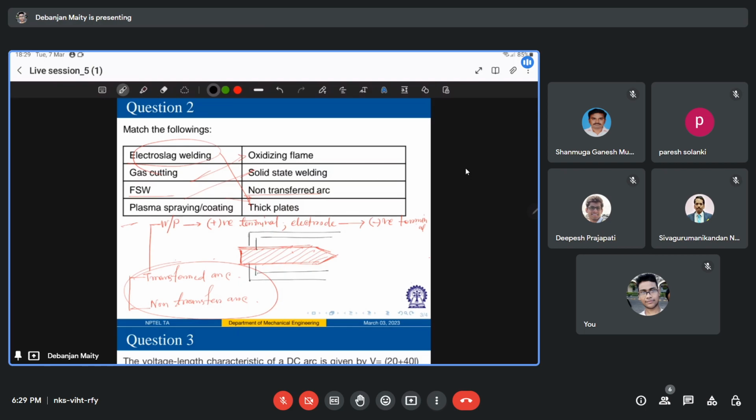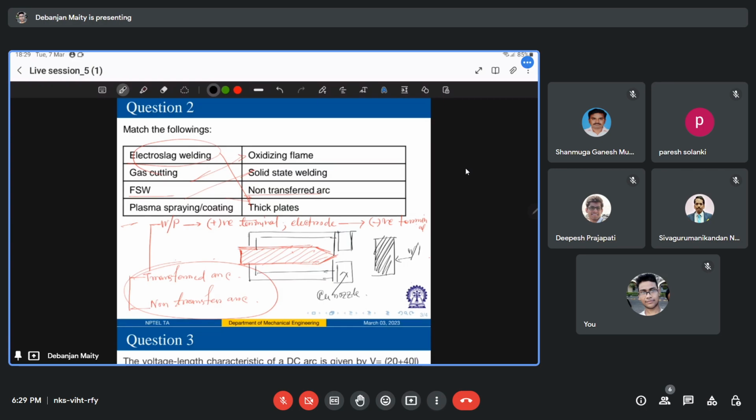Then maybe you have some nozzle over here for cooling purpose. So this is, let's say, some copper nozzle. And you have some conductive workpiece.